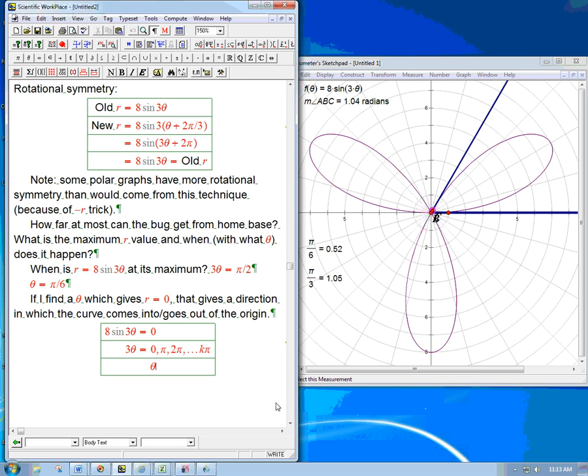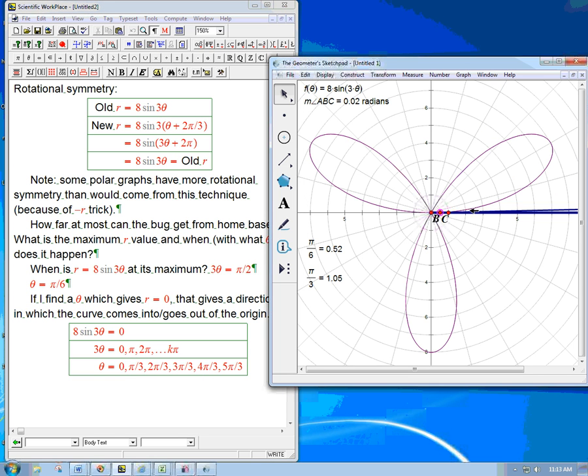And so theta is 0, or pi over 3, or 2 pi over 3, or 3 pi over 3, or 4 pi over 3, or 5 pi over 3. Now it starts to repeat. 6 pi over 3 is really just 2 pi. That's really just 0 again. So there should be 6 places. And indeed, that's right.